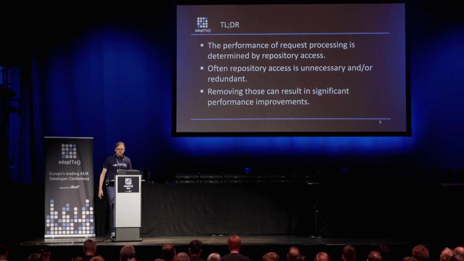Anyway, what I want you to learn is that the best proxy for backend performance is the number of repository accesses you do in rendering. That means if you access a lot of resources, your page will inevitably be slow.